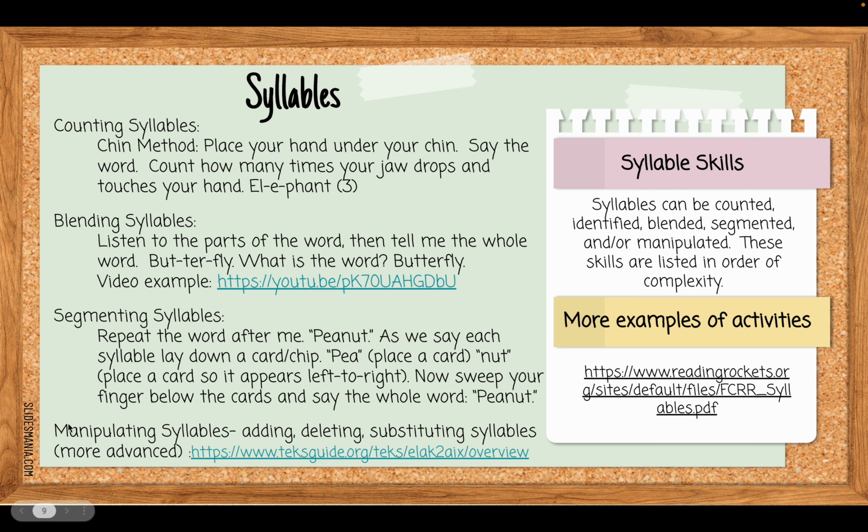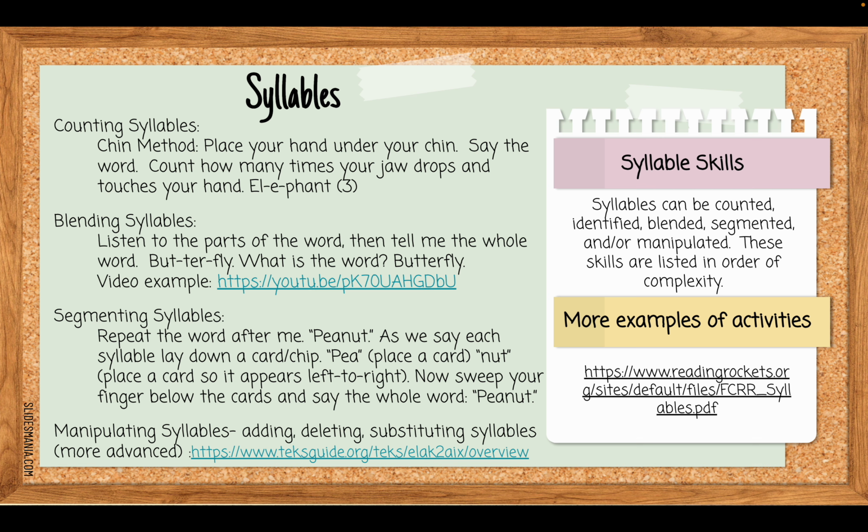There are more advanced skills as far as manipulating syllables, like adding or deleting, substituting syllables. You can look at those activities if you are interested, and there's some more information here on Reading Rockets as well.